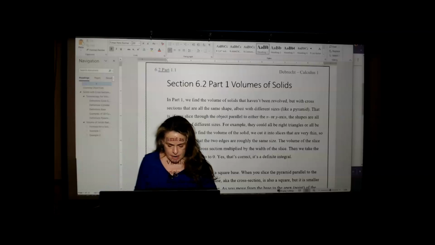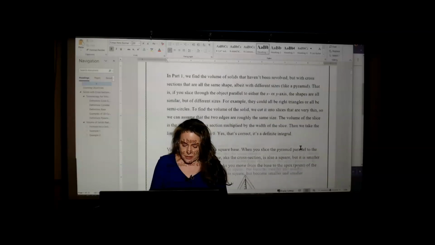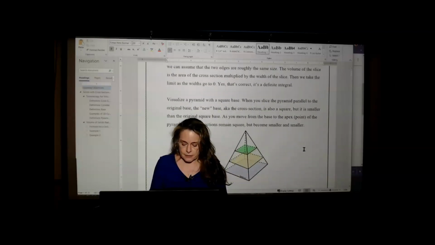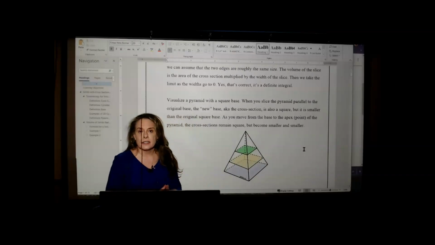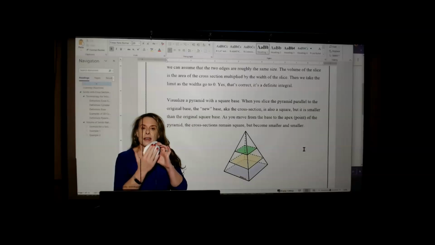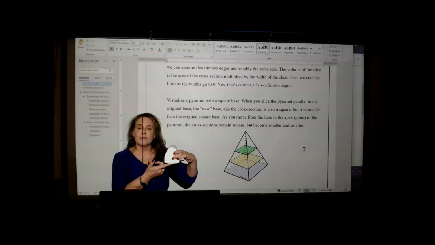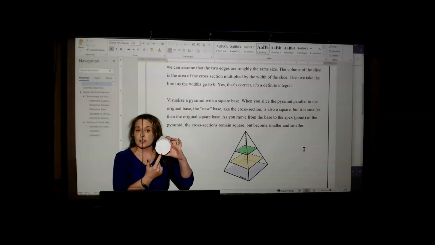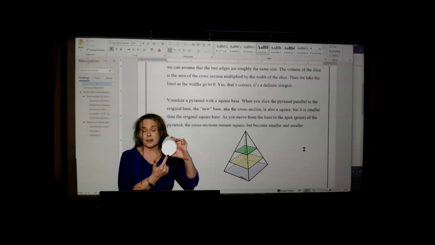Now, when we're thinking about these, notice that the cross sections get different as you go from one side to the other. In this particular case, this side is a circle, which means that the length of the bottom of the square is given by the distance across the circle, the diameter.